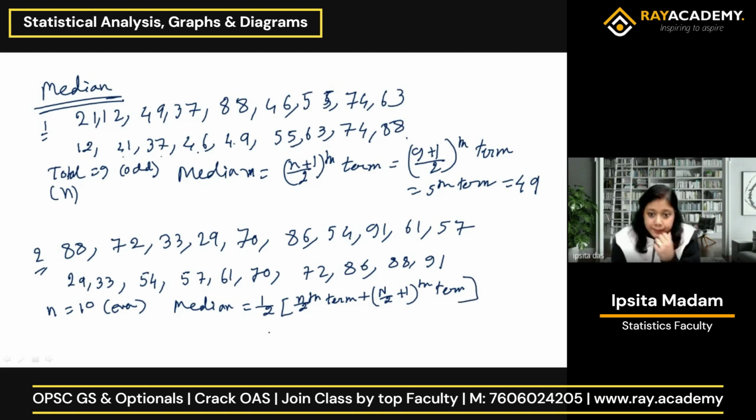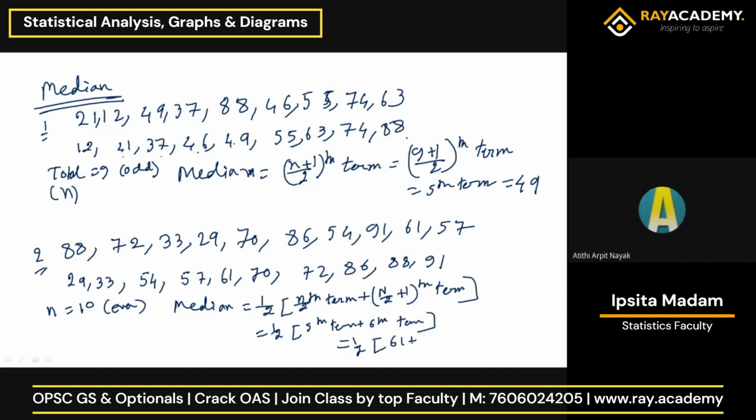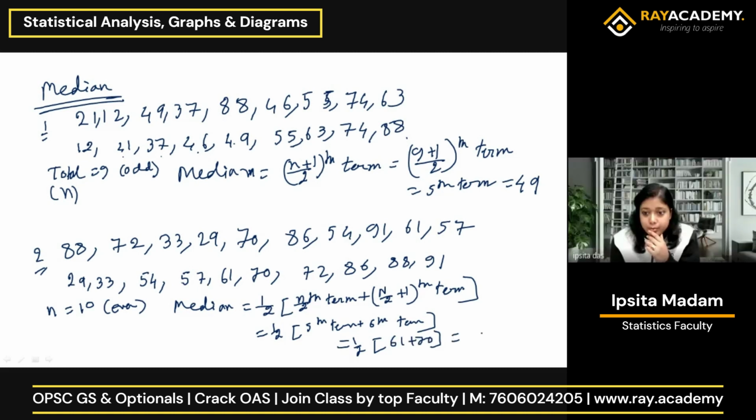That means the 5th term plus the 6th term, with n as 10 here. So half of the 5th term plus 6th term: first, second, third, fourth, fifth. That is 61 plus 70. It will be 131 by 2. That means 65.5. Clearly understood, all of you? Yes, ma'am.